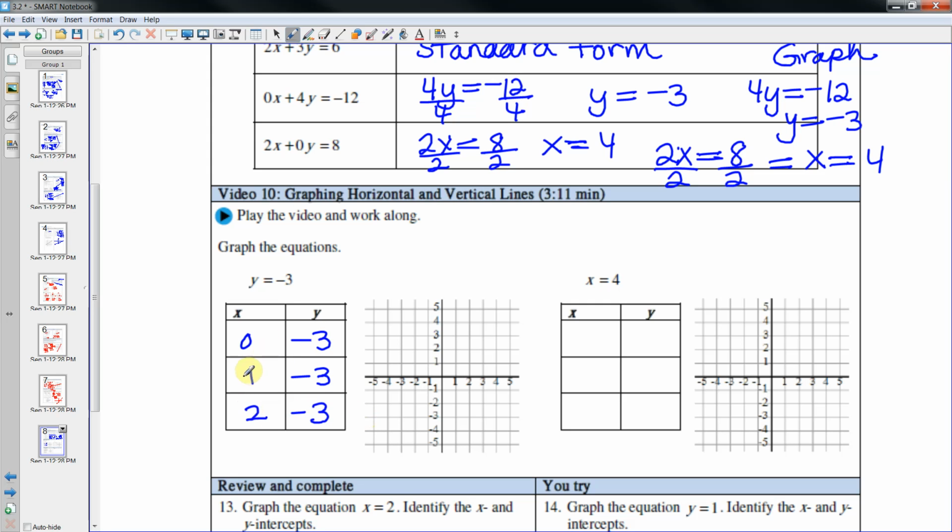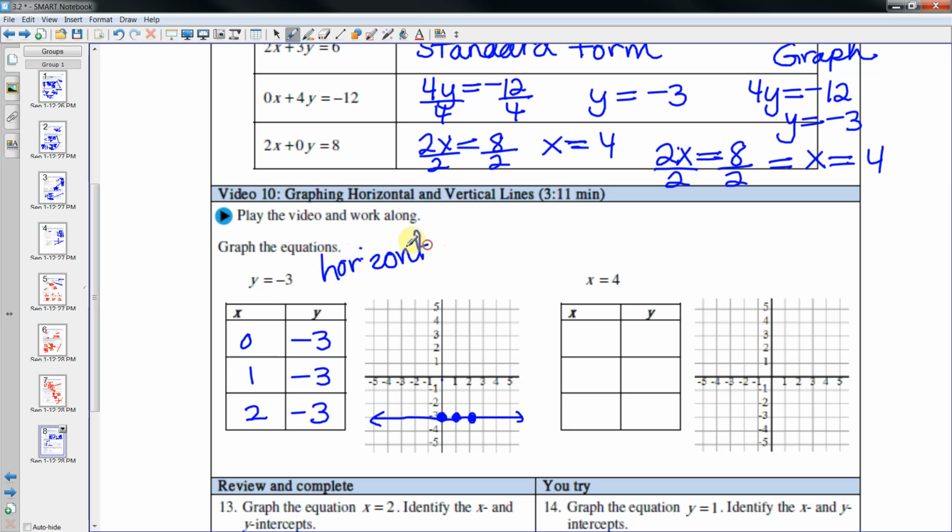Well, let's graph this and see what kind of line we get. If I go 0, -3, that's over 0, down to -3. If I do 1, -3, over right 1, down to -3. If I do 2, -3, over to 2, and then down 3. And you can see when I connect those, that is a horizontal line.